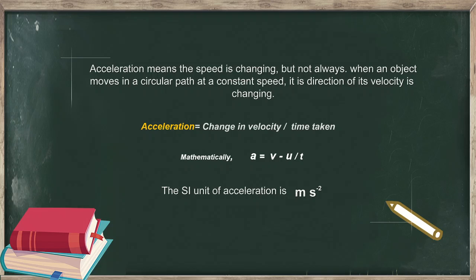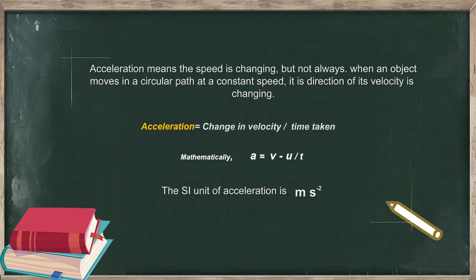Acceleration is the measure of the change in the velocity of the object per unit time, that is, acceleration is equal to change in velocity divided by time taken. If the velocity of an object changes from an initial value u to a final value v in time t, the acceleration a is equal to (v minus u) divided by t.